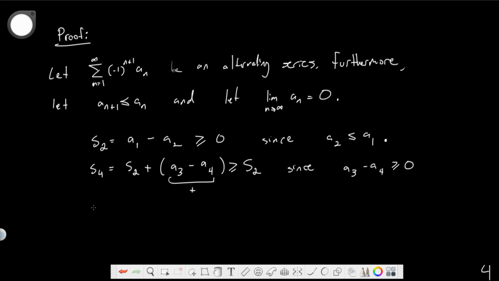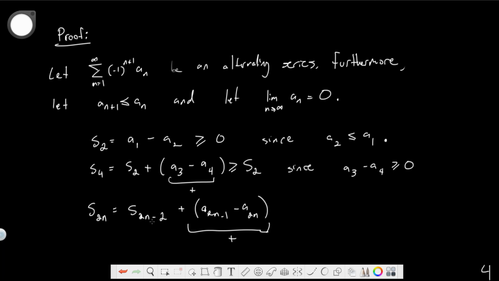What does the 2nth term in the sequence of partial sums look like? Well, it's the previous term plus a sub 2n minus 1 minus a sub 2n. We once again know that this thing is positive, because for successive terms, the previous term must be larger than the next term. Something larger minus something smaller equals something positive.